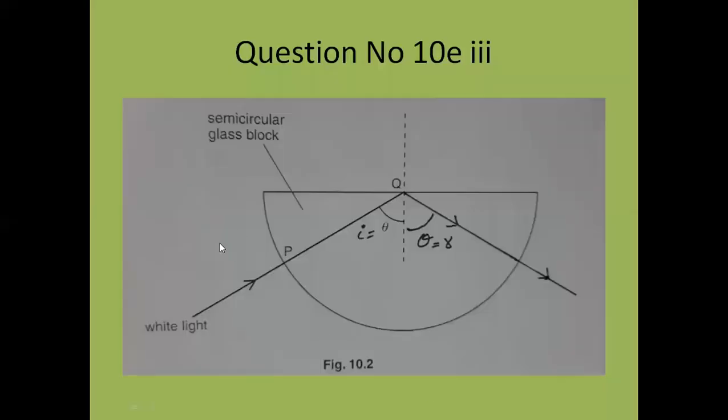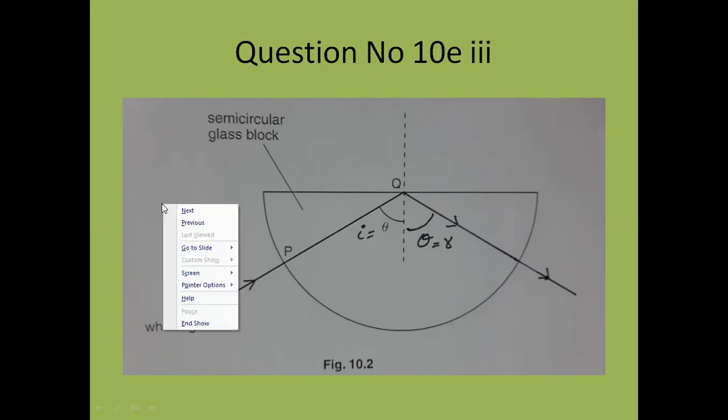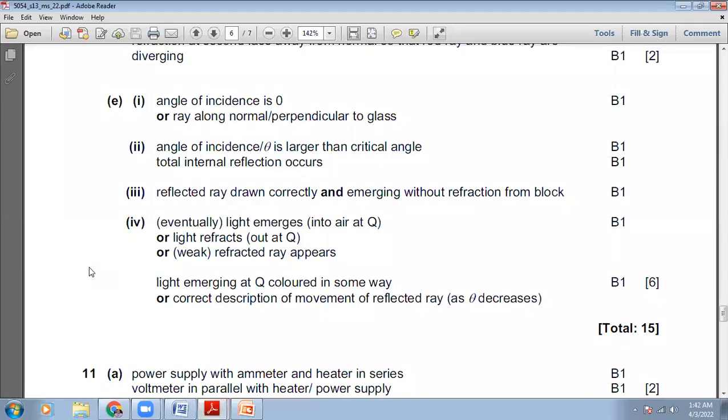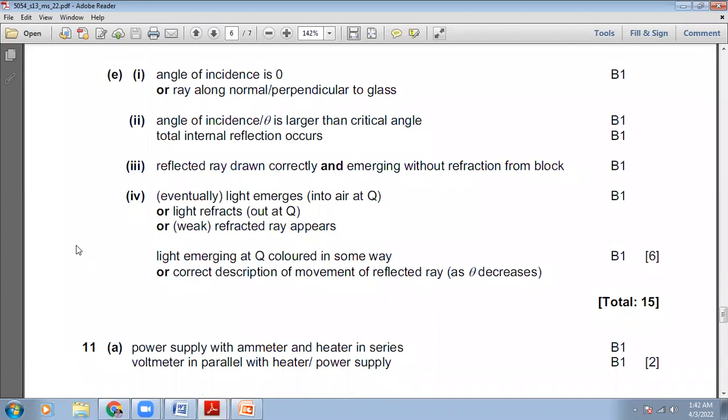I have checked this angle of incidence, and this angle of reflection will be equal to this angle of incidence, and I have drawn that line. Reflected ray drawn correctly and emerging without refraction from the block.